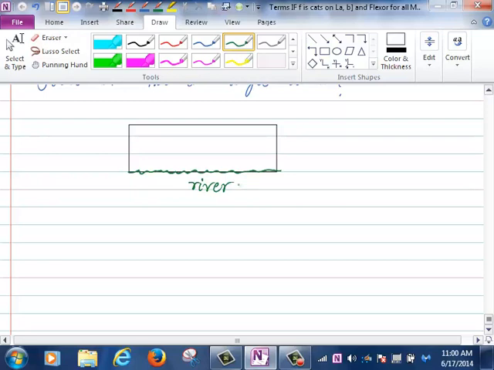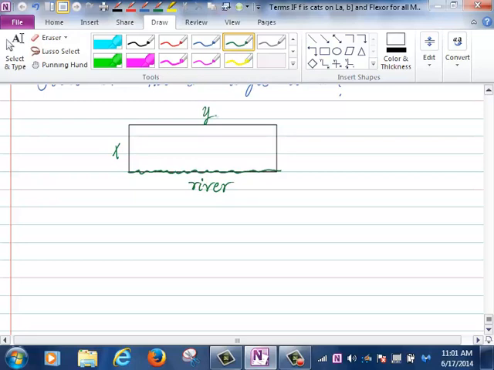Let me call this side X and this side Y. And then what would be the other side? X as well, right? So I draw a diagram first, and then I label or denote the dimensions by X and Y, okay?